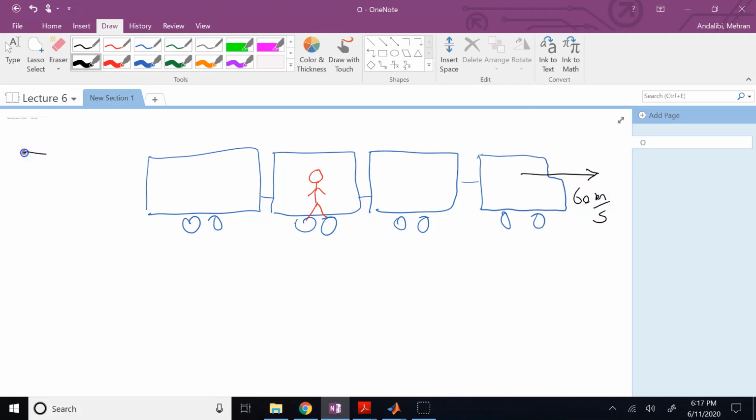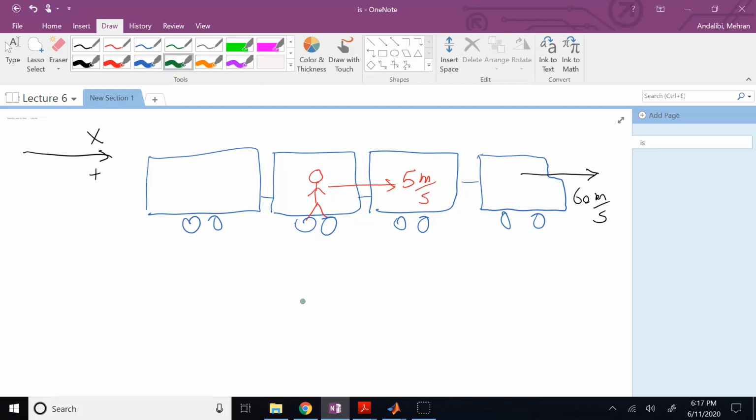Here I consider my positive x-axis to be to the right. Then there is this person walking on the train, and the speed of walking of the person with respect to the train is, let's say, 5 meters per second.